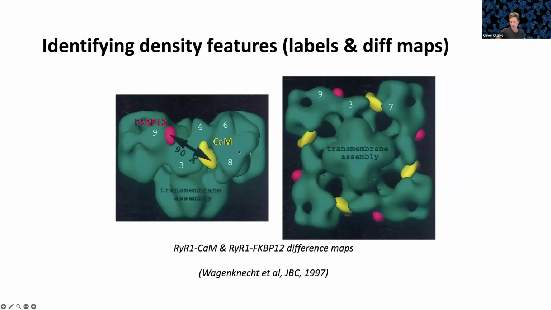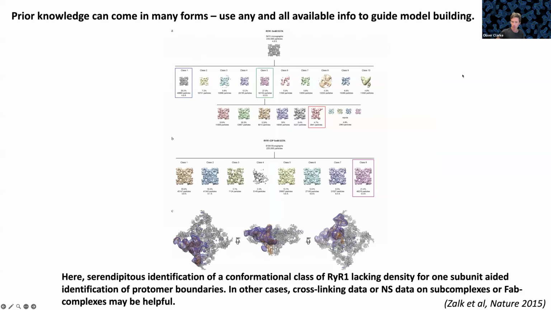We now have structures of RYR1 and RYR2 in the low 2 angstrom range, including in complex with calmodulin and FKBP, and those initial positions that were identified by difference maps at very, very low resolution are absolutely correct. So that's just to show you that this can be a robust way of identifying the positions of binding partners. And this can also inform model building, right?